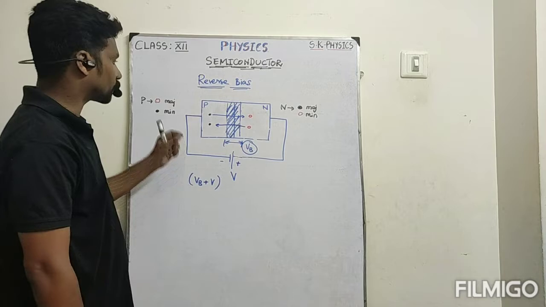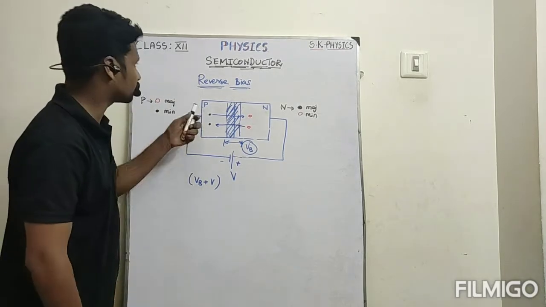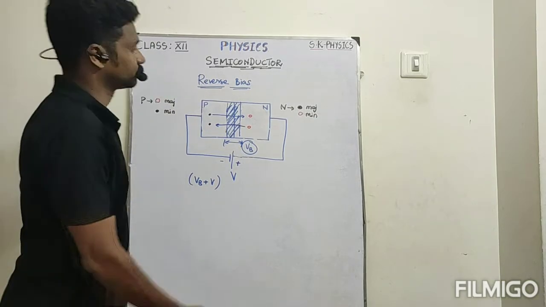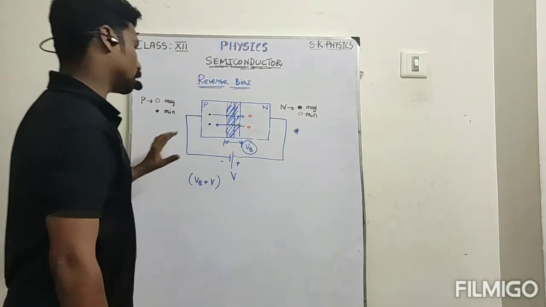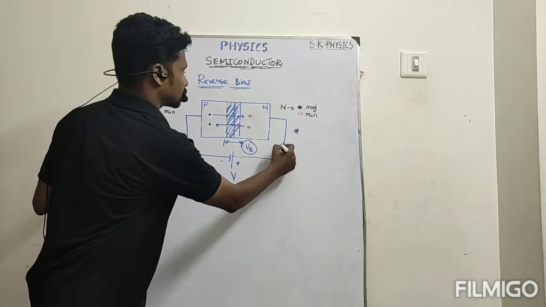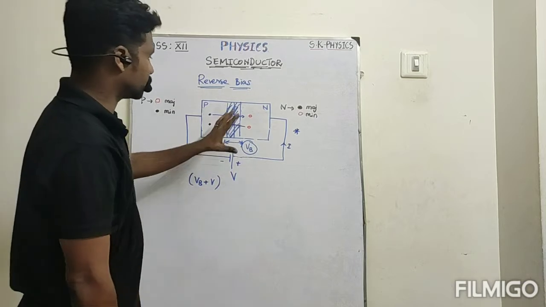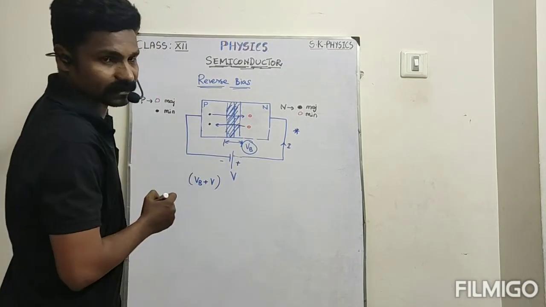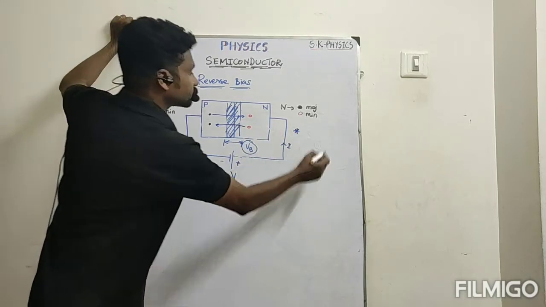Okay. So now we are going to discuss some important points based on the reverse bias. The first one: we can say about the current. If you observe, the current here is due only to minority charge carriers.